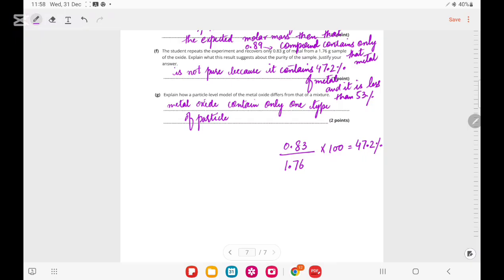So it contains only one type of particle in which atoms are bonded together in a fixed ratio, which is how much? In M2O3, it is a 2 to 3 ratio.